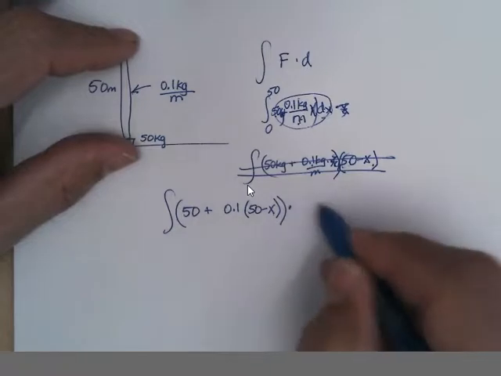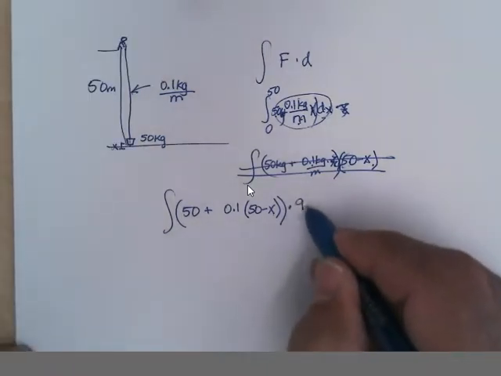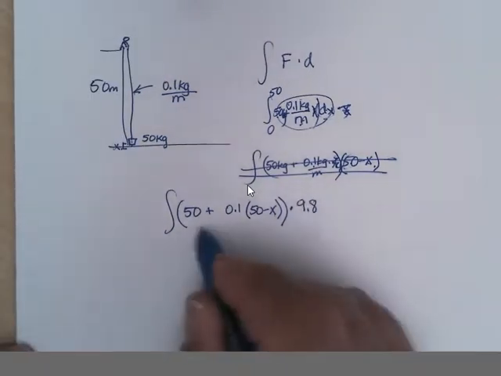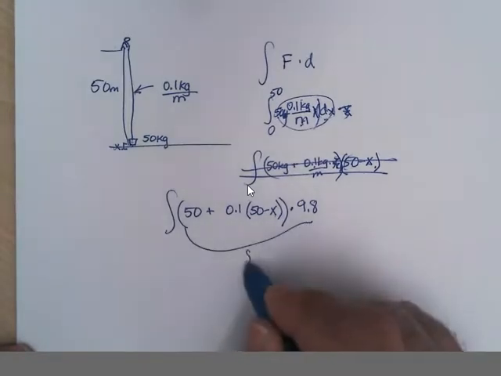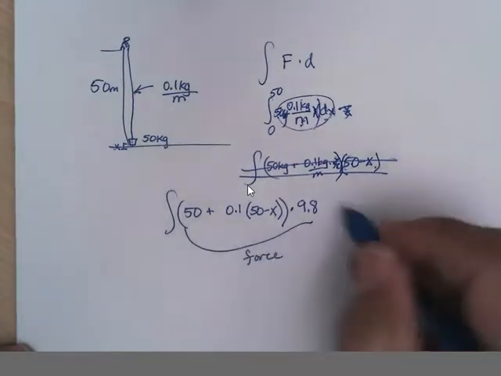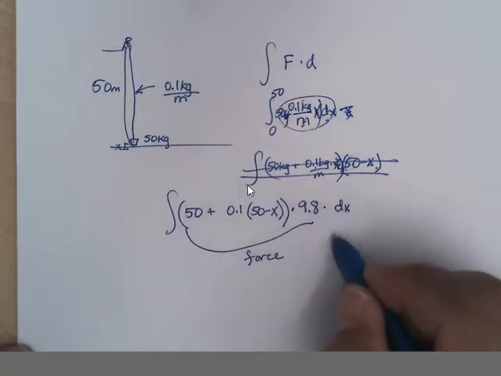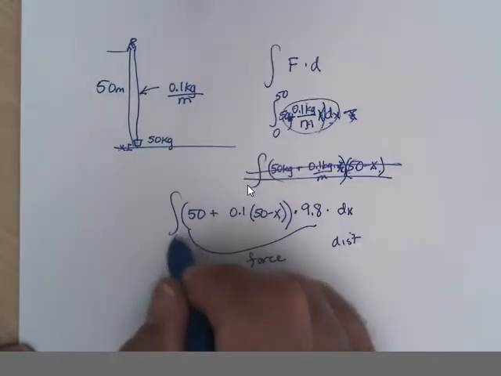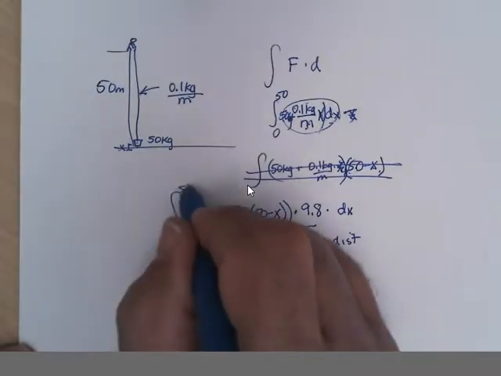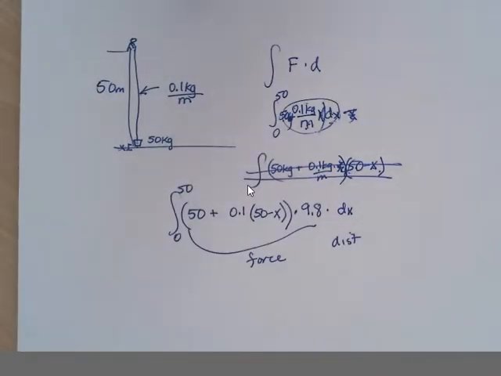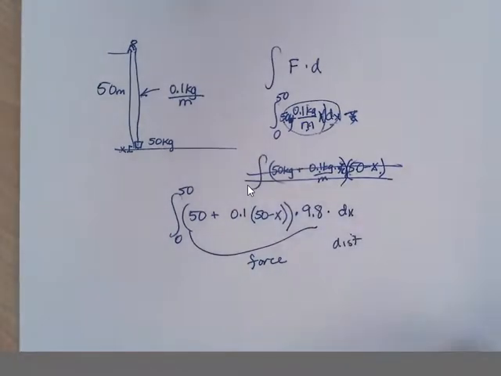And if you take the mass times the acceleration due to gravity, you get the force. And the force to lift it some short distance, that's the force times the distance, will give you the work. And we're going to make x go from 0 to 50. There's the right equation. Kind of messed up that one a little bit a couple times.